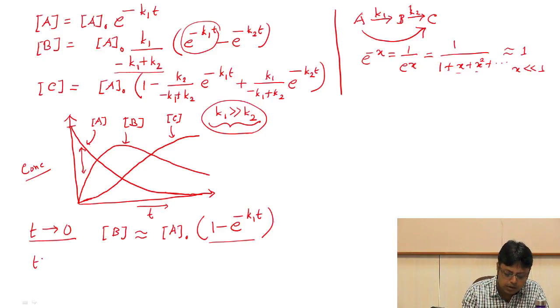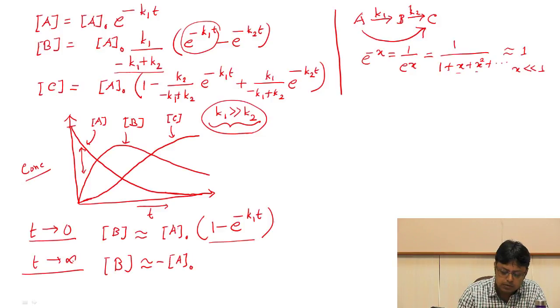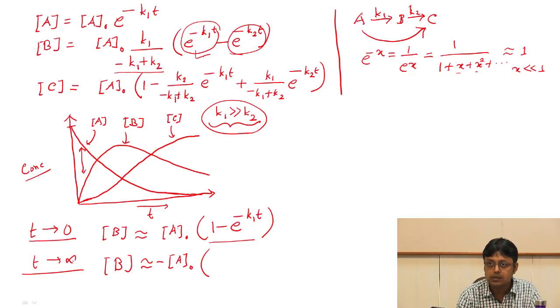However, at a very long time, what will happen? We still have the same condition, K1 is much larger than K2. So this will be just minus A0 because there is a minus sign. Now if you take the other limit, you can set e to the power minus K1t to be 0, because K1 is large and t is also large.